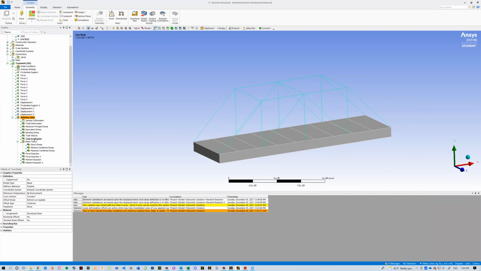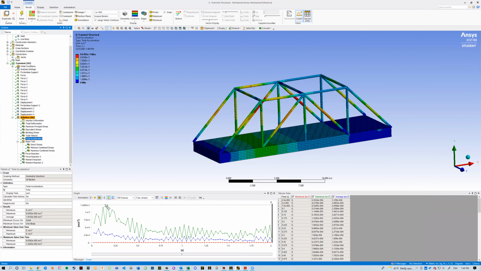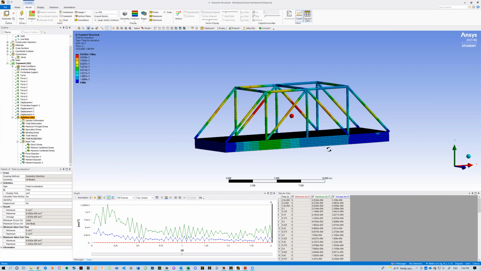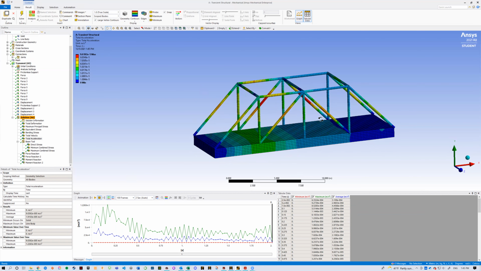Just for fun, I wanted to see what the total acceleration in the bridge was over time. Of course, it's still in millimeters per second squared, which is kind of a useless unit, but yeah, very small. Visually, it looks like there's a lot of oscillation, but if you actually scale it to the true scale, you can't really even perceive the vibration.